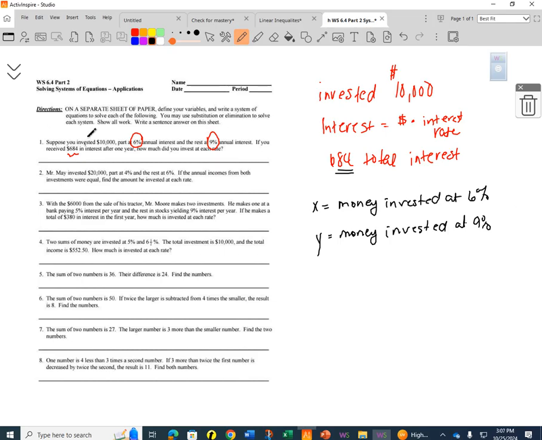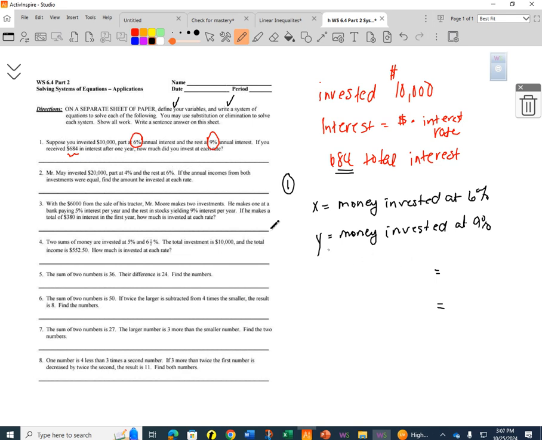So we talked about kind of using a shortcut. So now we have defined our variables. So this part we've done. Now we're going to write a system of equations. So we talked in class about trying to find the equals to for both equations first. We said this is invested $10,000. If we want to know how much they invested at each rate, so there's 2 chunks of money.